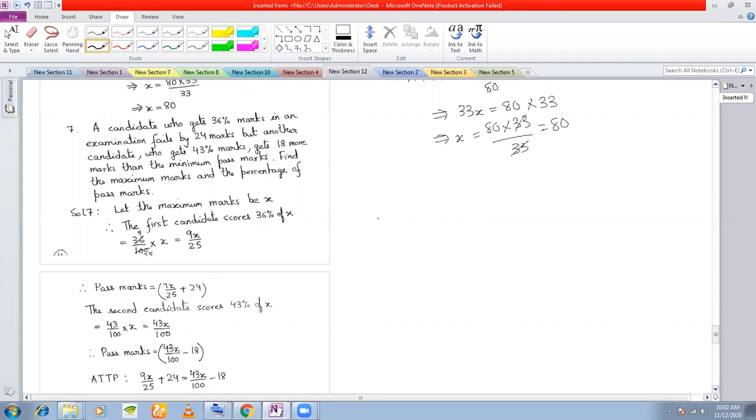So what I assume here is let the maximum marks be X. Now for the first candidate, how much marks is he getting? He is getting 36% of the total marks.